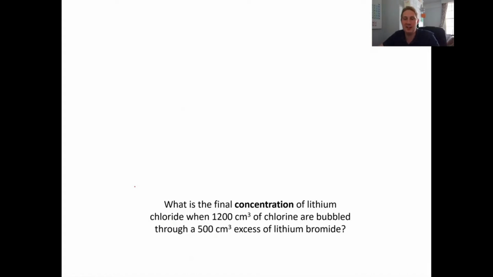And here's another example. What is the final concentration of lithium chloride when 1,200 cm³ of chlorine are bubbled through a 500 cm³ excess of lithium bromide? So this might be slightly more complicated, but we're given a volume of a gas. So let's start with that.